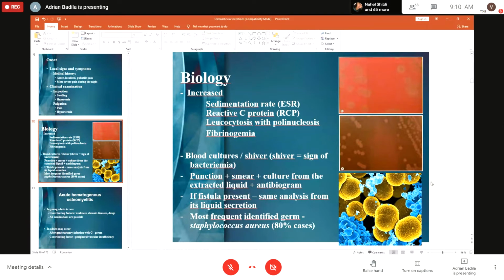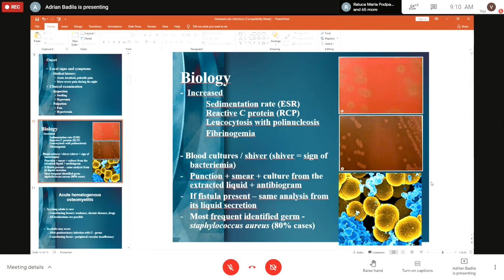We will extract some liquid from there, and from this liquid, we will perform a smear, cultures from the extracted liquid, and also antibiogram. All these procedures have the goal to identify the germ, but also its sensitivity for different antibiotics.